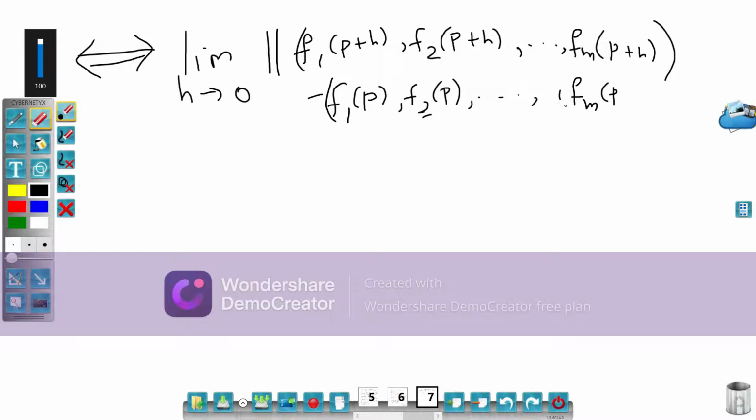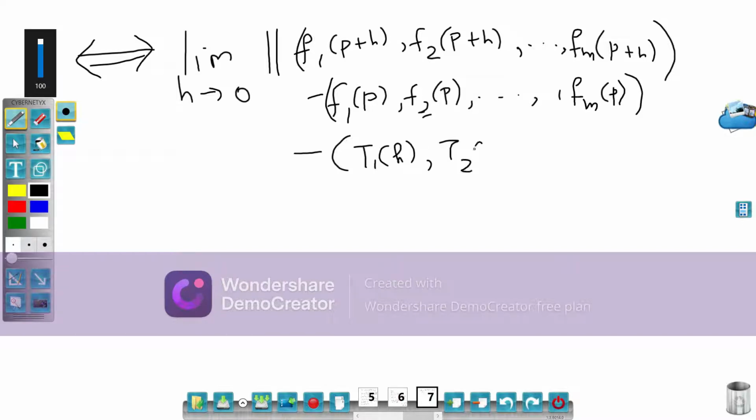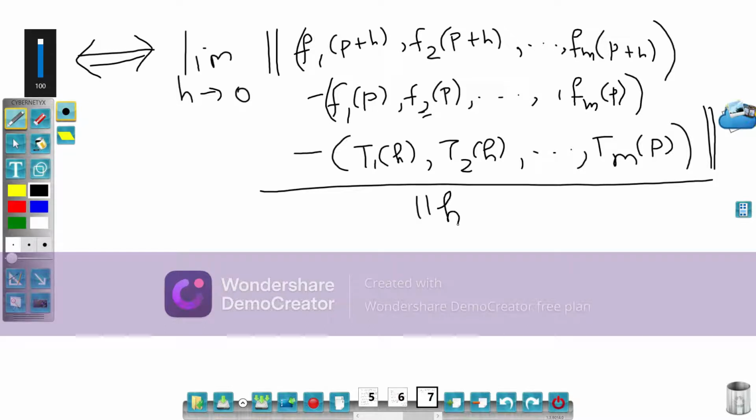minus (t1(h), t2(h), ..., tm(h)). Now this bracket is complete, this whole norm divided by norm h. This is if and only if the limit as h goes to 0.